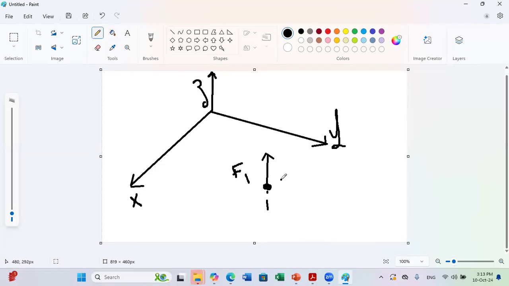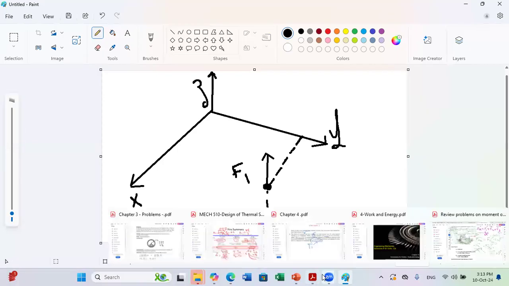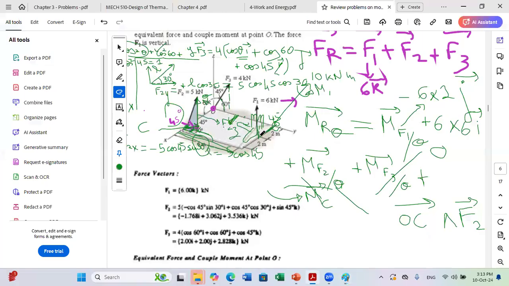They gave you, for this point of intersection with the XY plane, the distances. Let us go back to the figure. You can see it here. It's the 2 meters, okay? So this distance, the perpendicular to y, is 2. And if you take the perpendicular to x, it's 6.